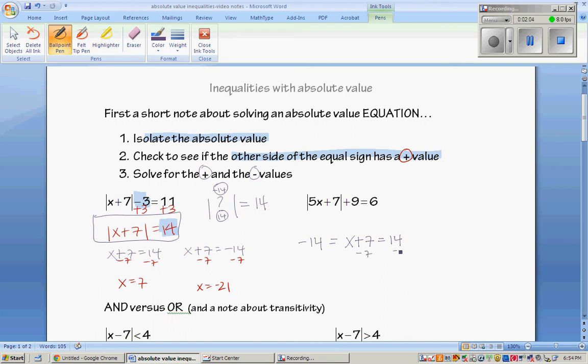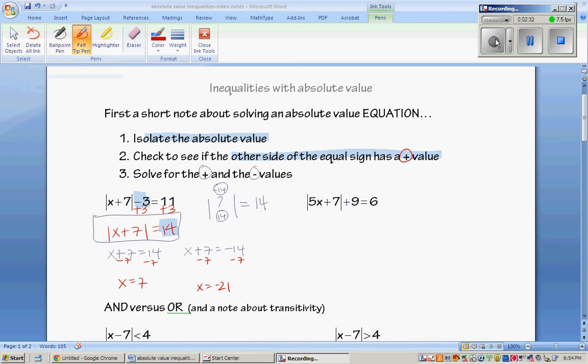And you can just solve the one problem. The only thing is, at the end, you technically do not want to leave it like this, because negative 21 does not equal 7. Yes, x is equal to both, but you don't want to write it like this. You would want to write it as x equals 7 and negative 21.